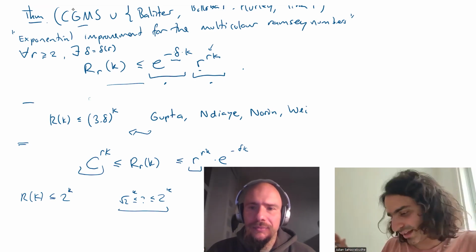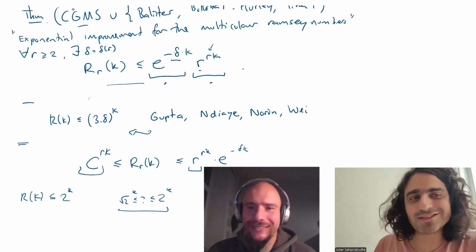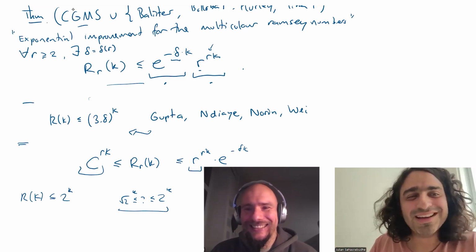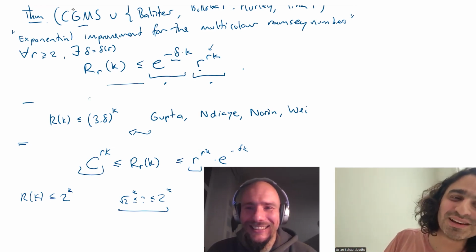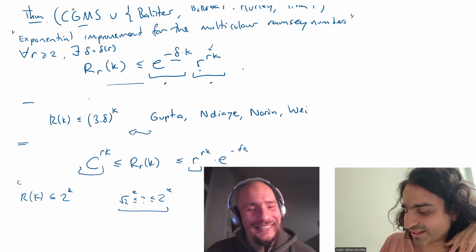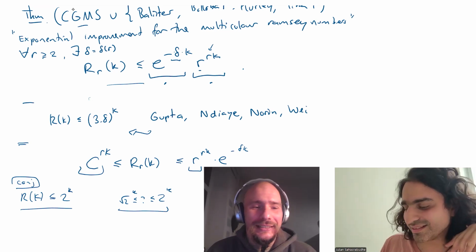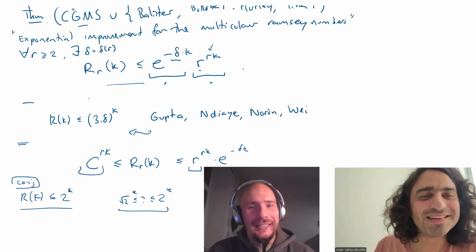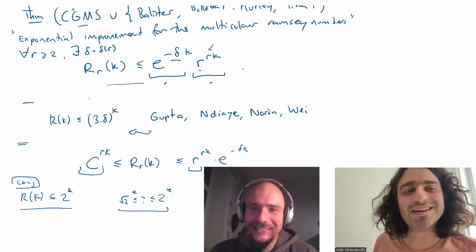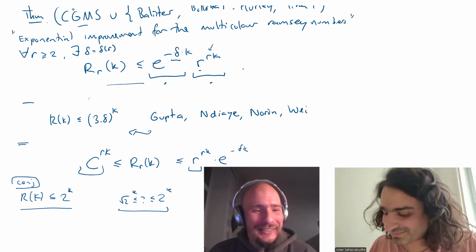I know people that swear that root 2 is not the right answer, and they were laughing at me when I was suggesting it might be. But I would definitely conjecture that r of k is at most 2 to the k. I know it's only partially answering the question, but that's good enough.